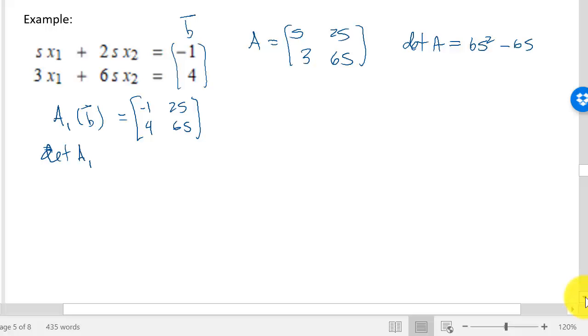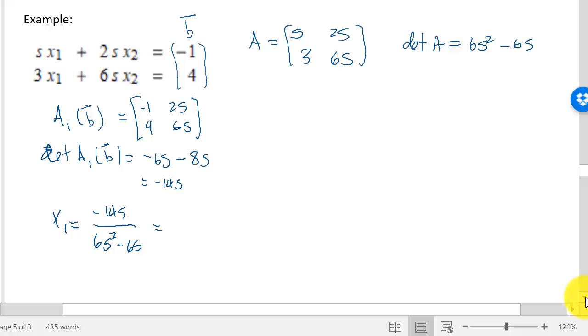So the determinant of this 2x2 matrix is going to be negative 6s minus 8s, and so this is negative 14s. And then if we put that in the numerator here, our x1 is going to be equal to negative 14s divided by 6s squared minus 6s.